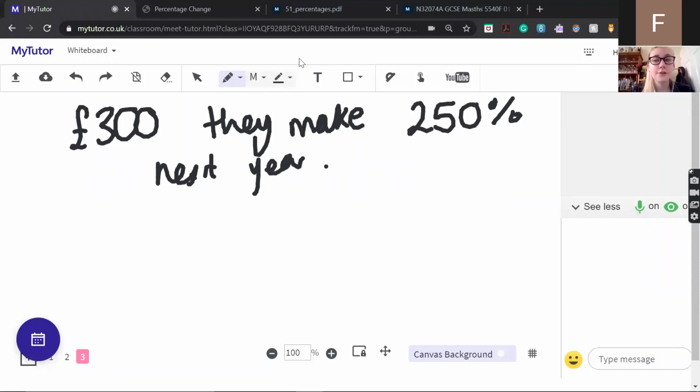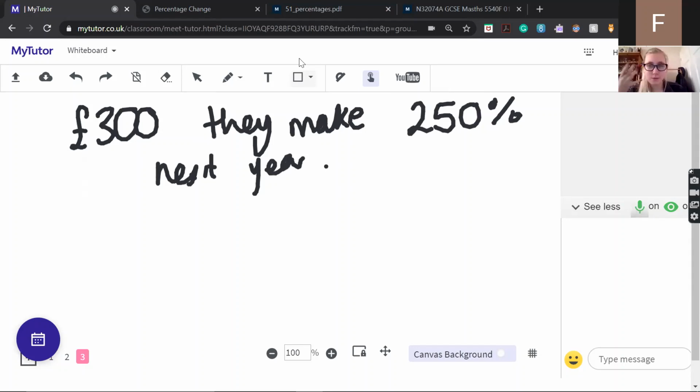There are a couple of ways of kind of doing this and thinking about it. The first kind of immediate way that I would think about it is saying, well, 100% is 1 times it, right? So if they made 100% next year, they would again have made £300. If they made 200% next year, they'd have made £600.